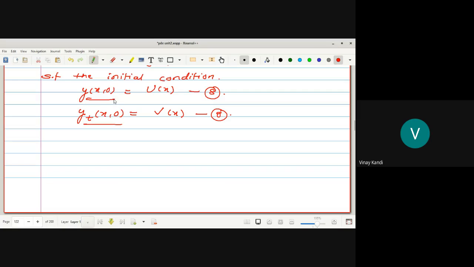So y of x, 0 is the initial deflection at time t is equal to 0, and this is the initial velocity at time t is equal to 0, where capital U of x and capital V of x are defined like this.